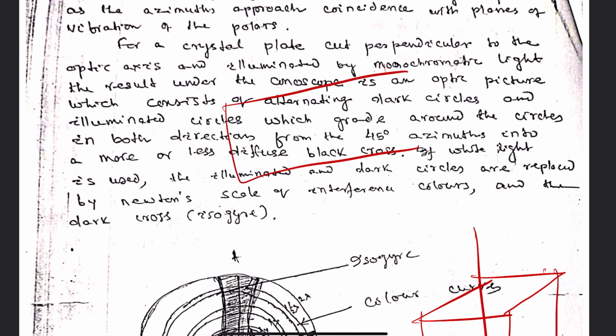So this is the mineral section. We get the light falling over the mineral section like this. So these are the rings of light, and this is the polar direction, this is the analyzer direction. So we will get the cross like this, and this will be gradually thicker.